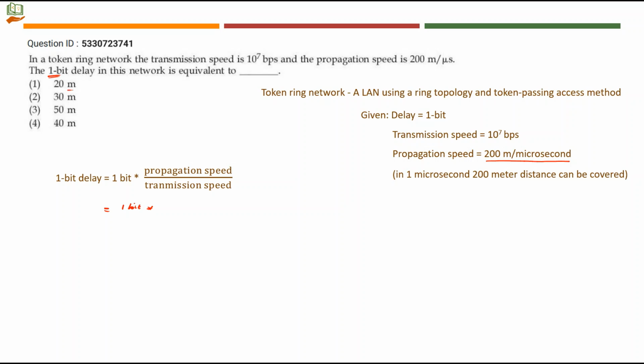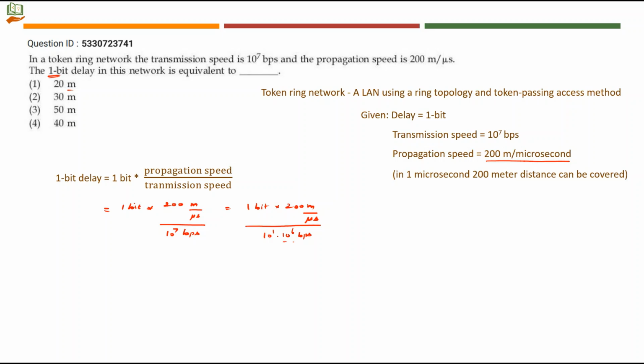What is the propagation speed? It is actually 200 meter per microsecond divided by transmission speed, which is 10 to the power 7 bits per second. Now this 1 bit will stay as it is, into 200 meter also will stay as it is, and now this 10 power 7 can be written as 10 power 1 into 10 power 6 bits per second.